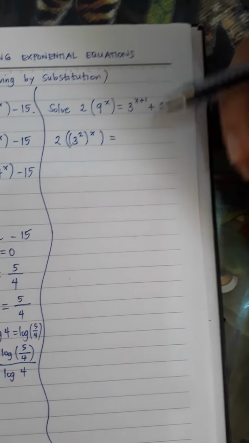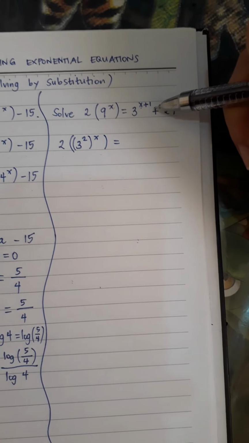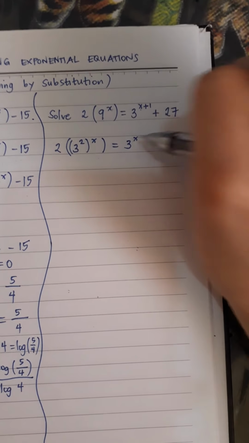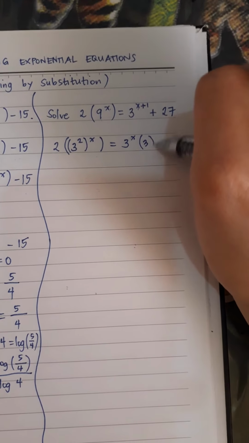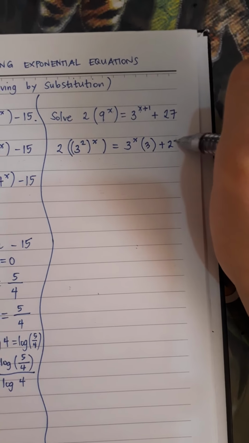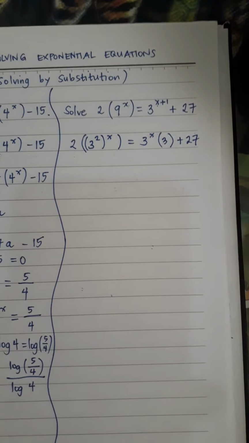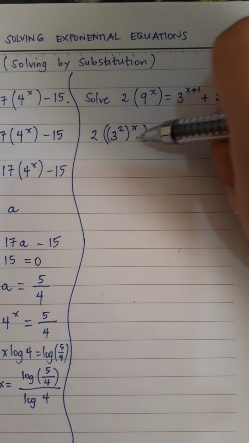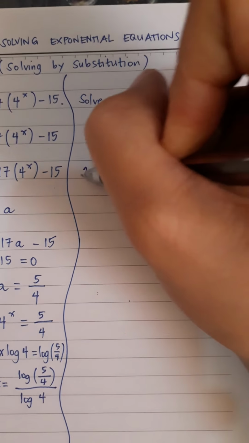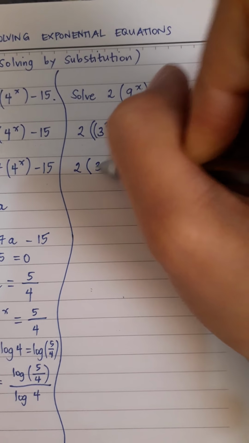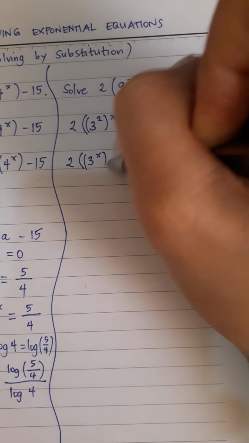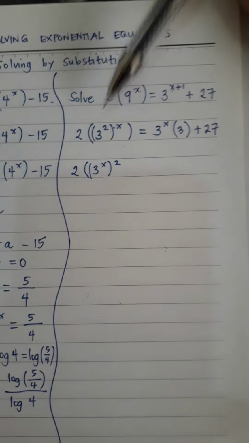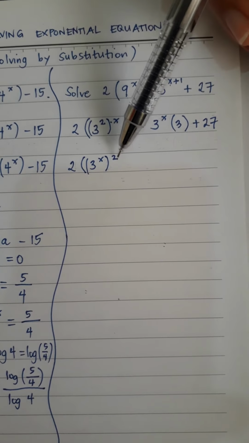And then, we can simplify 3 to the power of x plus 1 as 3 to the power of x times 3 plus 27. And then, we can rewrite this as 2 times 3 to the power of x squared. Anyway, they give you the same result, right? 2x, x, 2x also.